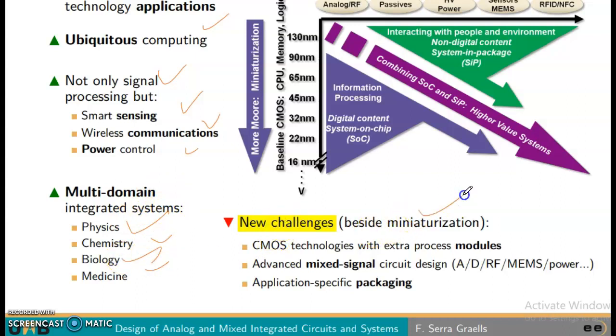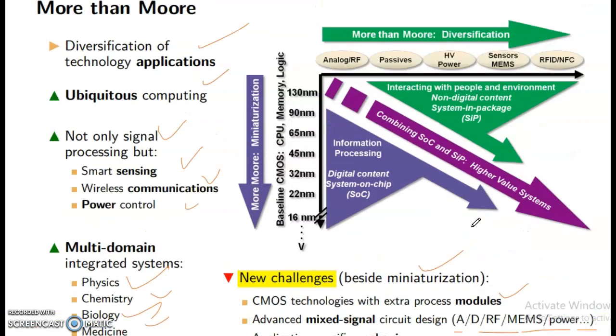New challenges beside miniaturization: CMOS technology with extra process modules, advanced mixed signal circuit design, AD, RF, MEMS, power, etc. Application specific packaging. Here on the x-axis, more diversification; on the y-axis, more miniaturization.